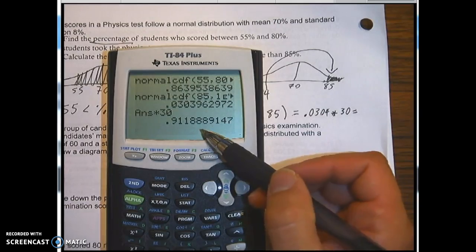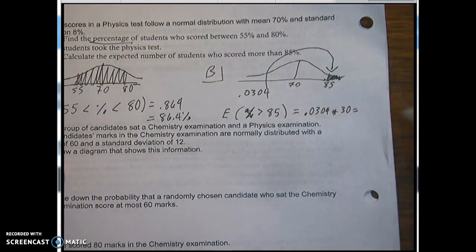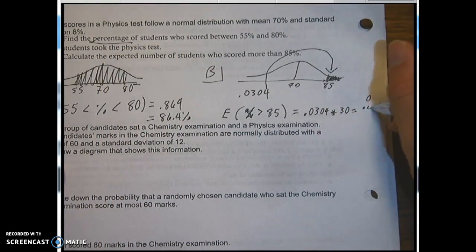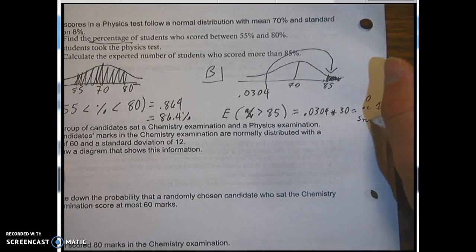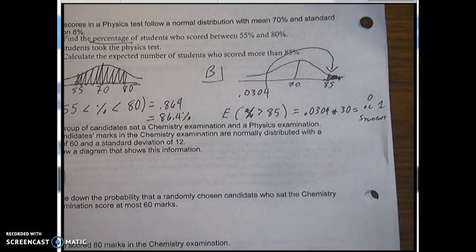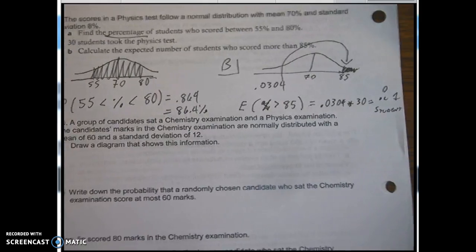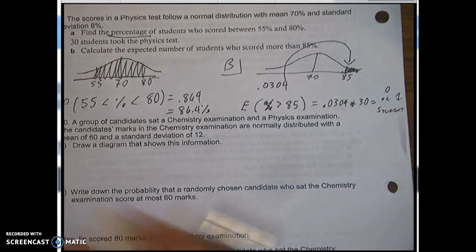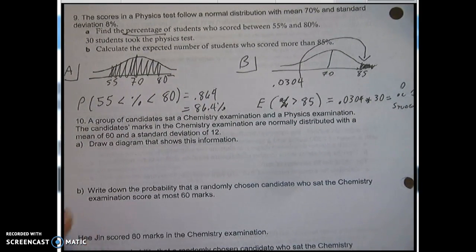So this isn't quite 1, so the answer here would be 0 or 1 student. So either one person, we'd expect one person to be able to do it, or nobody to do it. If it's less than 1, then you choose.